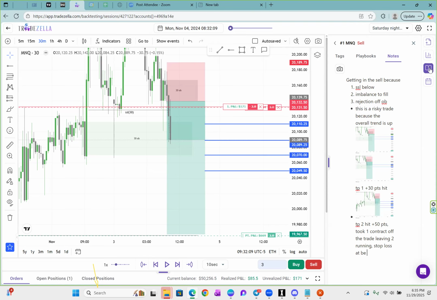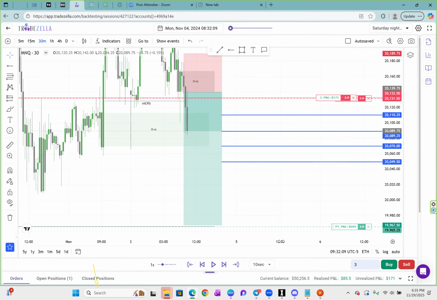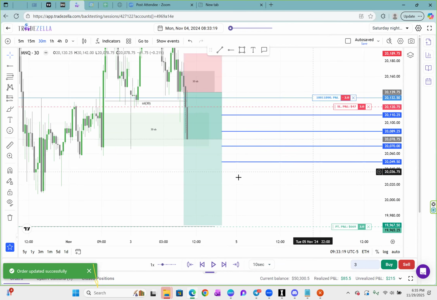Now, for everyone else, you guys are still waiting, right? You're waiting because you didn't get in the trade yet. So let's see what happens. Oh, price is trying to go to TP3. I'm moving this down a little bit. Let's see.